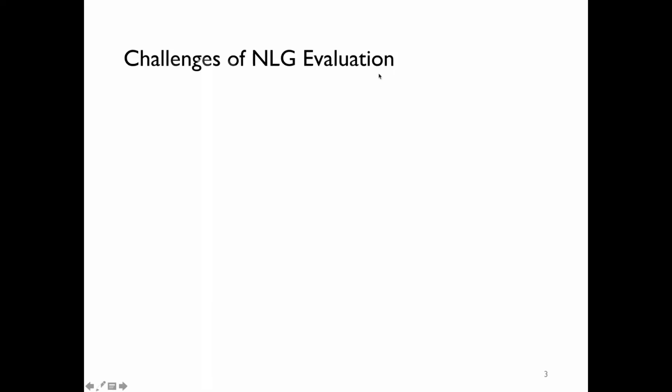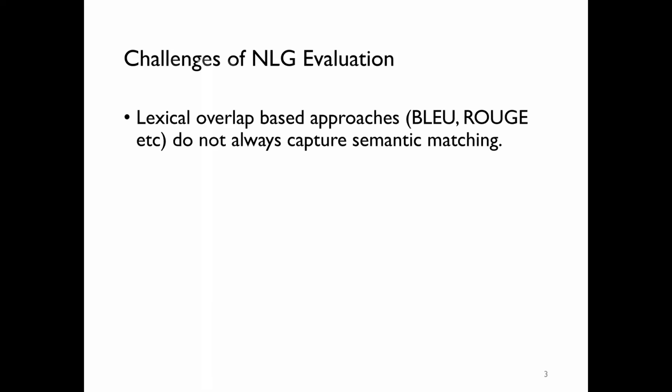More specifically about the challenges in natural language generation evaluation, first we need to think about why there's the issue with these lexical overlap-based approaches, for example, BLEU or ROUGE. One thing everybody for sure knows is that it doesn't really capture the semantic matching between the reference and the generated content. This is very well known.